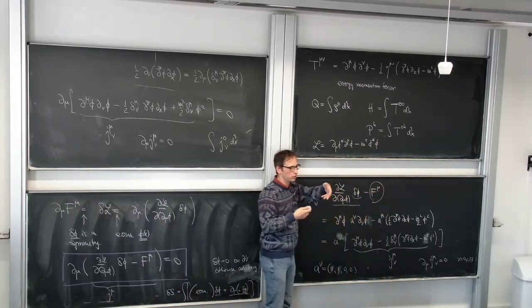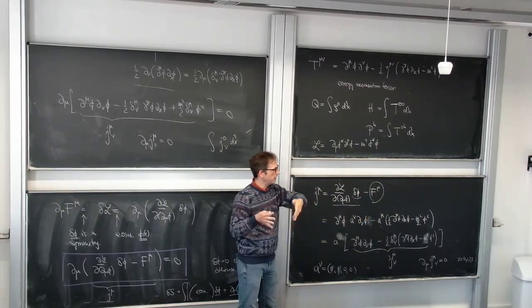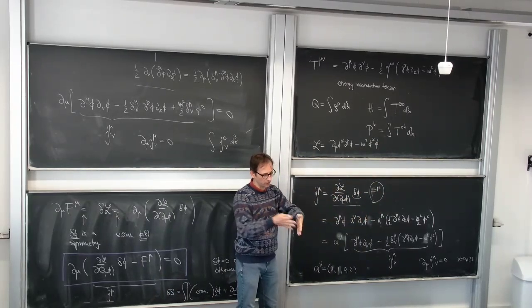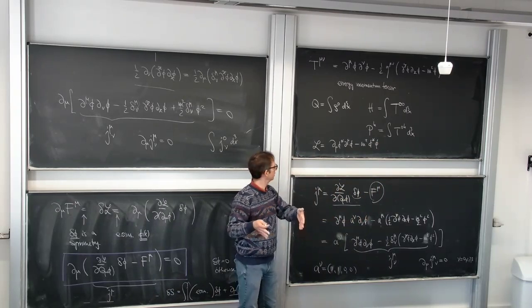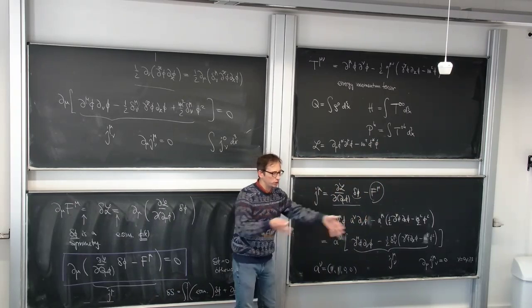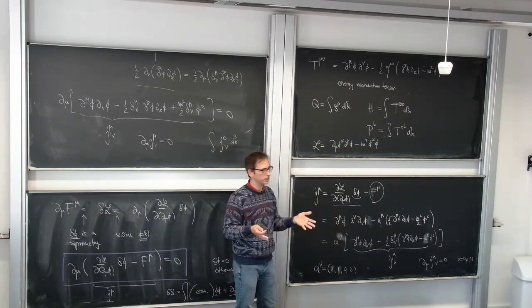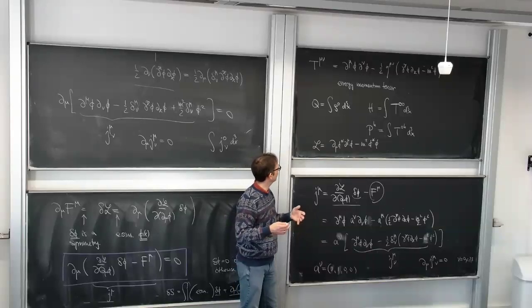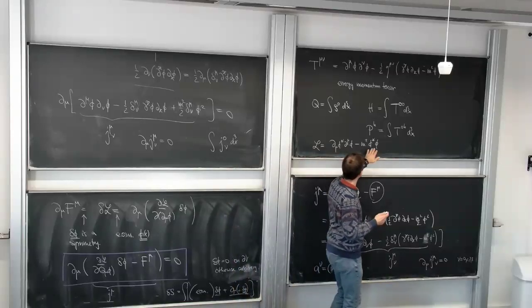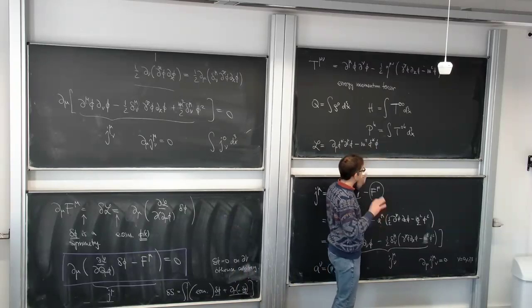Nothing singles out. So if I move x, if I say x equals 0 is here or there, it doesn't matter. So I'm just looking at it and I see pushing everything over shouldn't change much. Shouldn't change the theory.